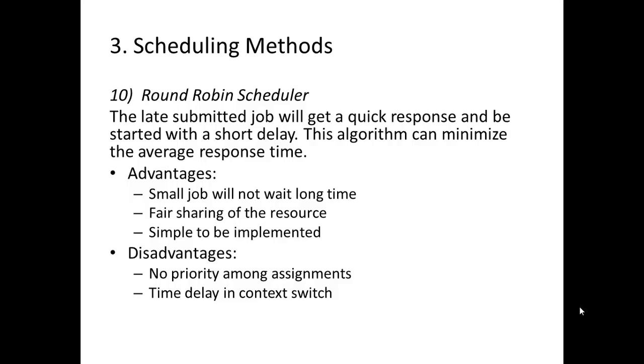So this algorithm can minimize the average response time. It also has fair sharing of the resource and is simple to implement because this method is based on FIFO. The drawbacks are there's no priority among assignments and there is time delay in context switching.